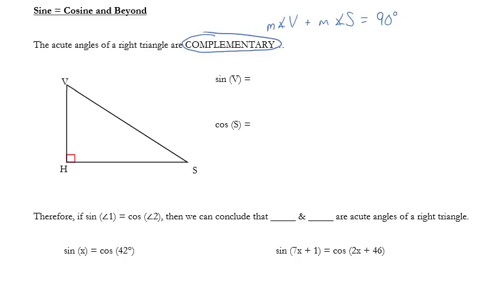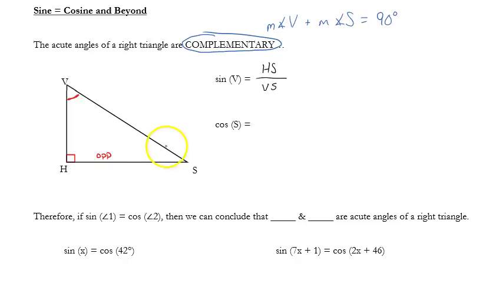In addition to that, recall using our trig ratios that the sine of angle V, sine is opposite over hypotenuse, would be comparing segment HS length to the hypotenuse segment VS length. And that's when I'm dealing with the sine, because if I'm focused on this angle, this is opposite.